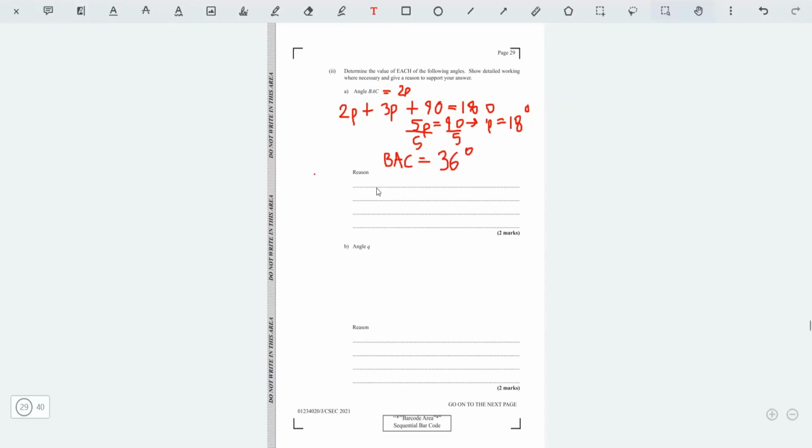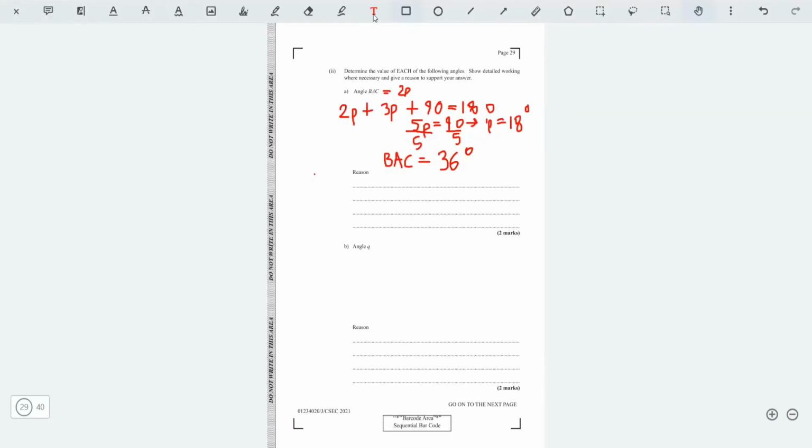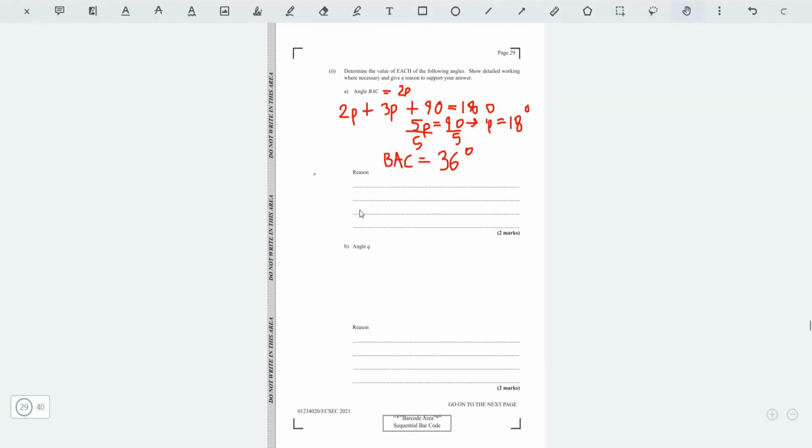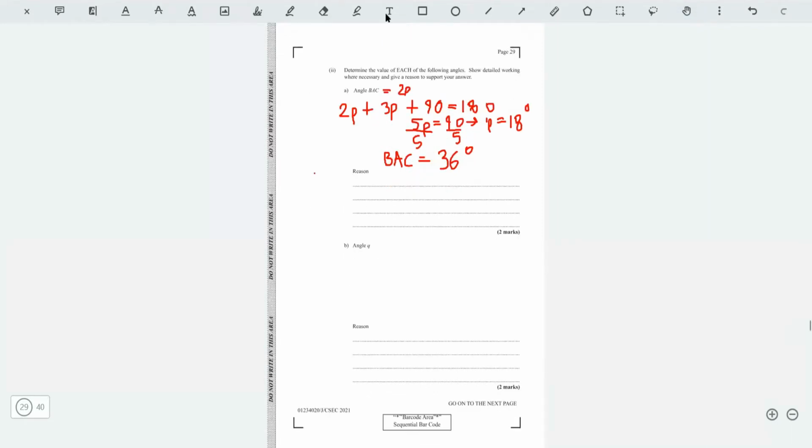What is the reason? First, we can tell them that angles in a triangle sum to 180 degrees.